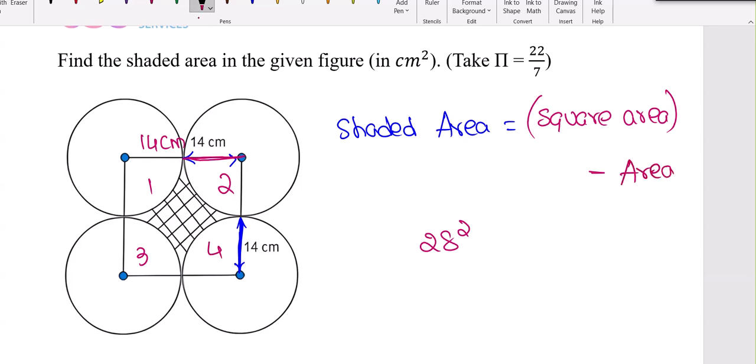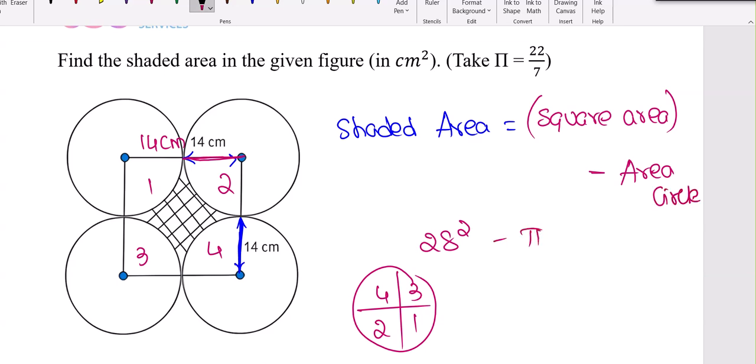Area of one circle you remove. Those 4 quarter parts, 1, 2, 3, 4, you join, you will get a circle. 1 will be here, 2 here, I can take 3 here, 4 here. This is a circle area. So one circle is removed, which is pi into 14 square.